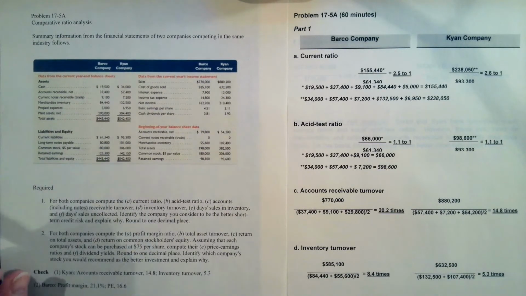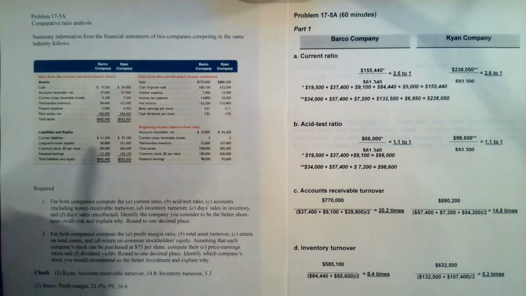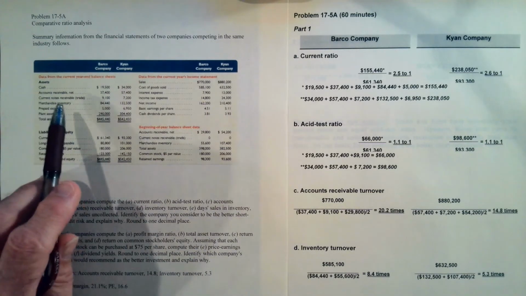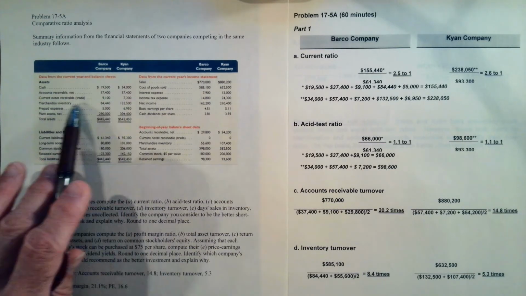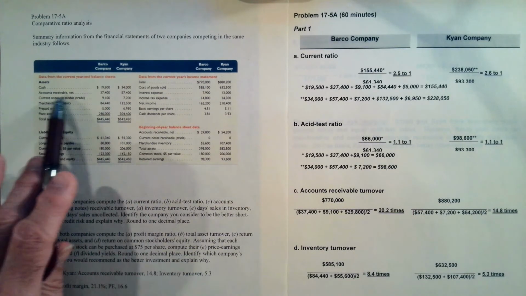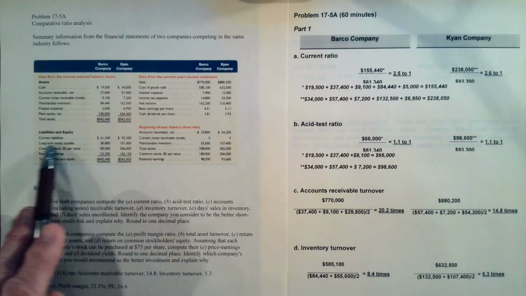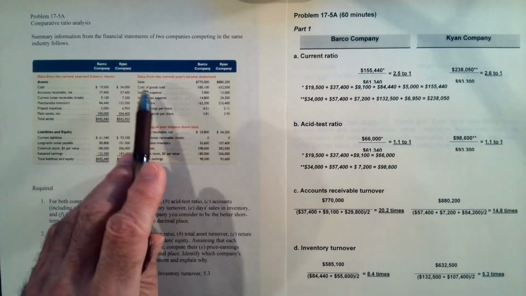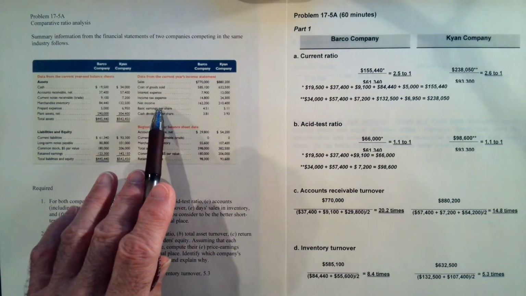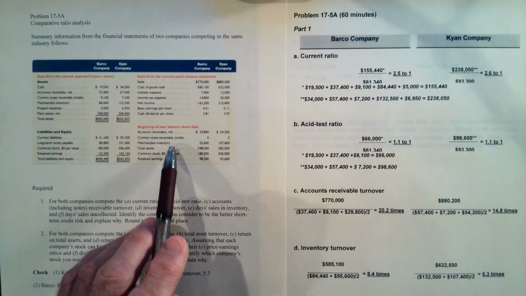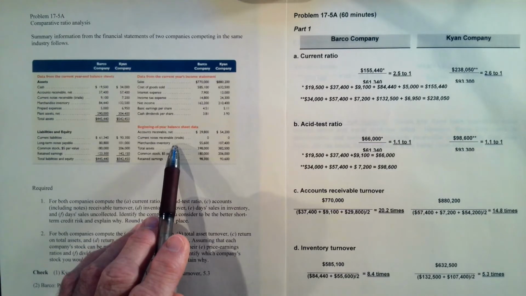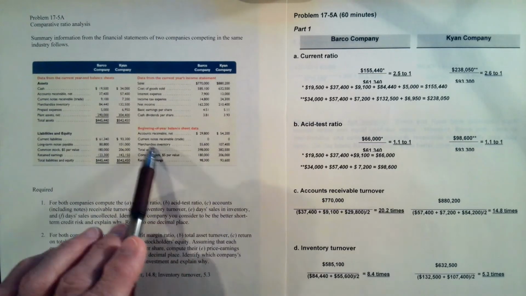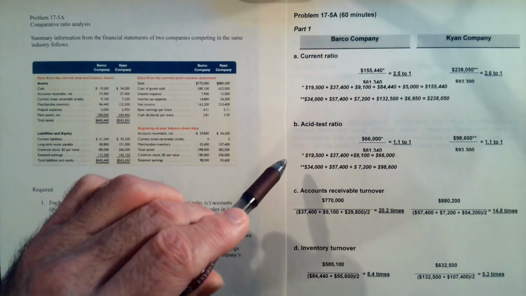We have over here the summary for Barco and Cayenne Company. This is the balance sheet right here. We have assets over here, liabilities and equity over here, the income statement, and some beginning balance data that has to do with the balance sheet. These are beginning balances, meaning last year's ending balance.